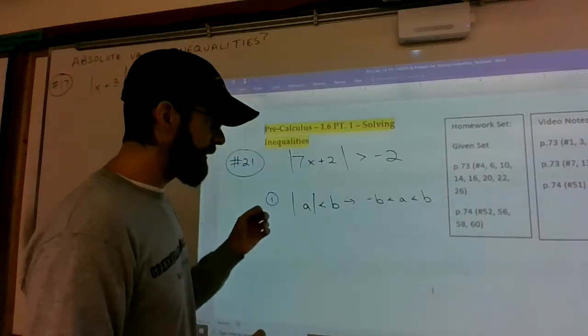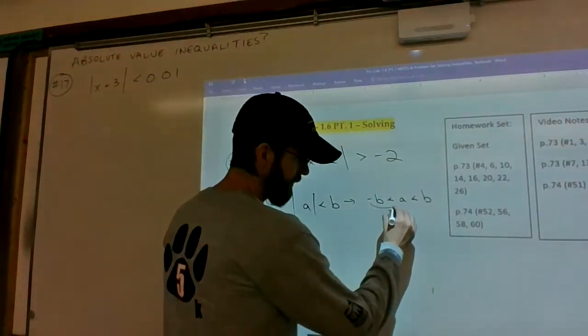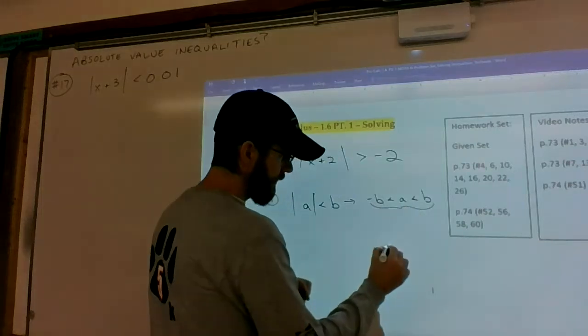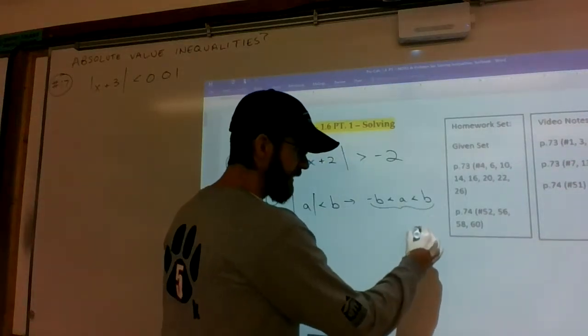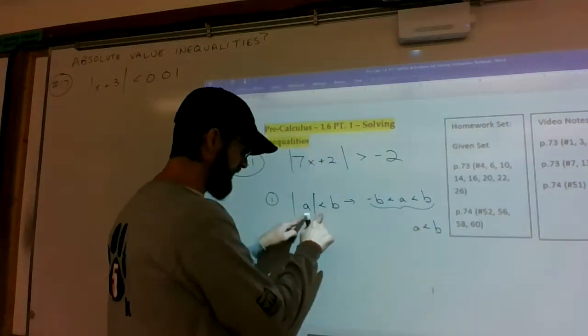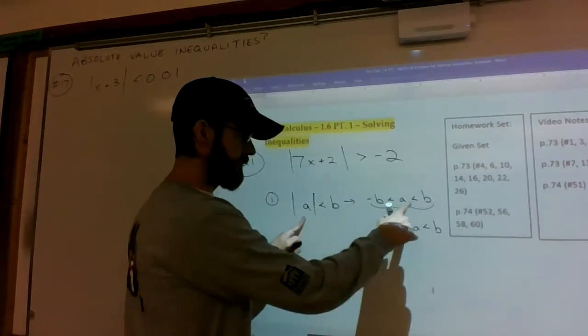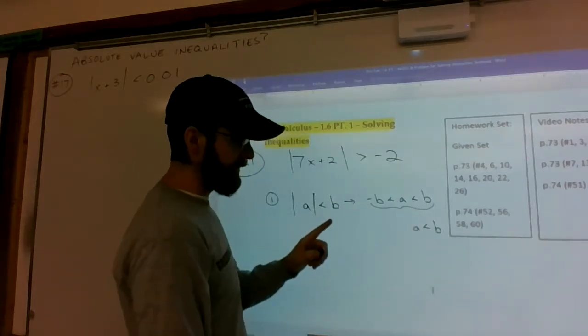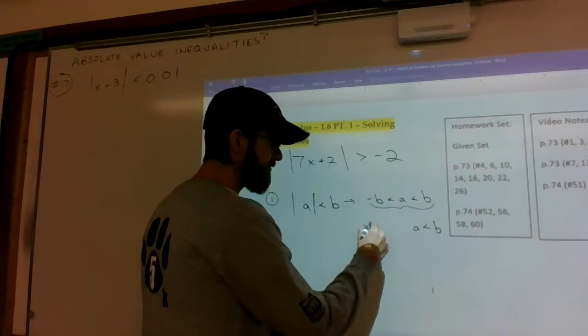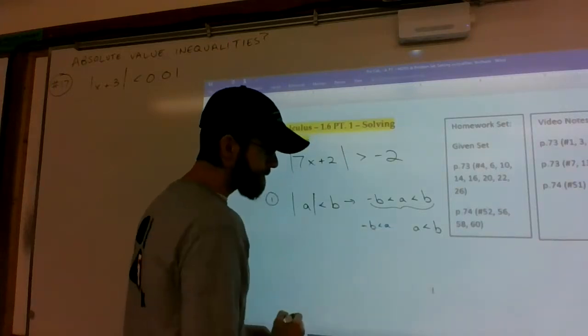It's sort of like saying A is less than B comes from this statement, okay? Also coming from this statement is negative B is less than A.